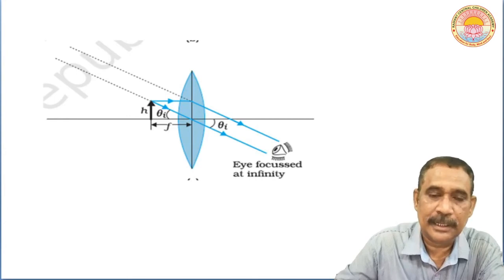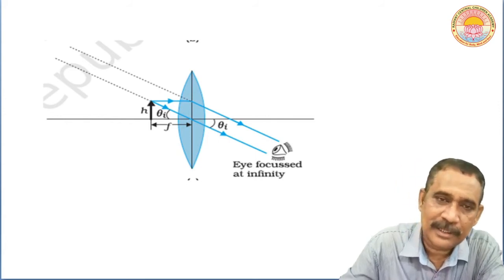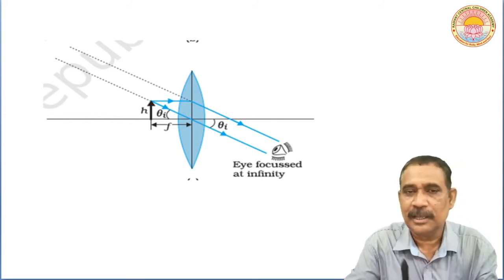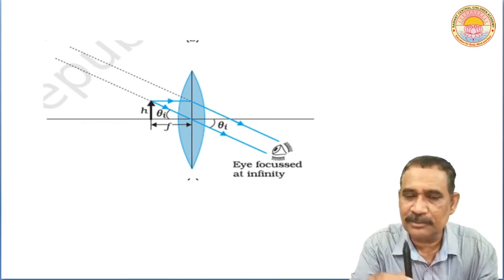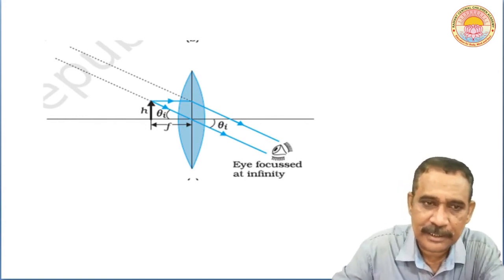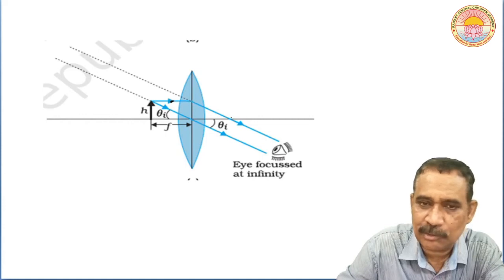Now, without the lens the image is formed at D and the angle subtended by this object at the eye is theta naught. But when the convex lens is used, this object cannot be seen clearly at D, so the position of the object can be changed. Here this is the object of height h. One ray moves parallel to the principal axis and after refraction passes through the focus, and the second passes through the optical center.